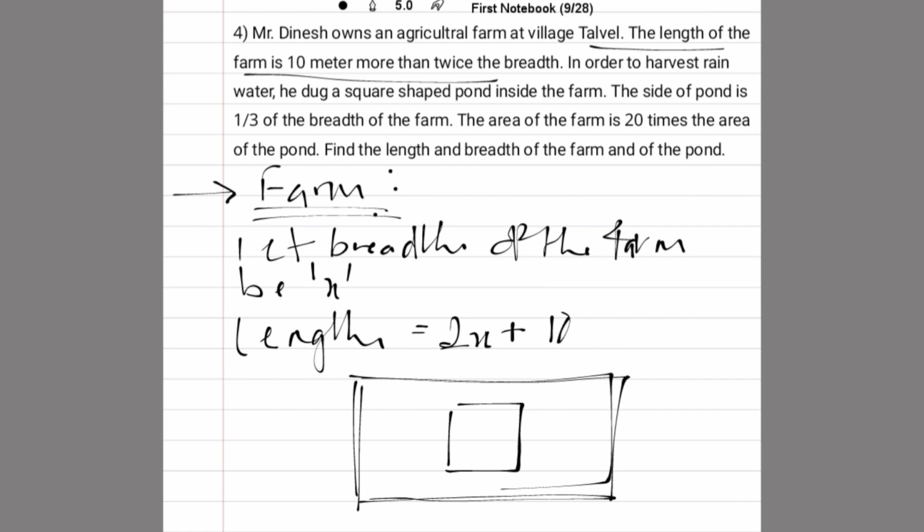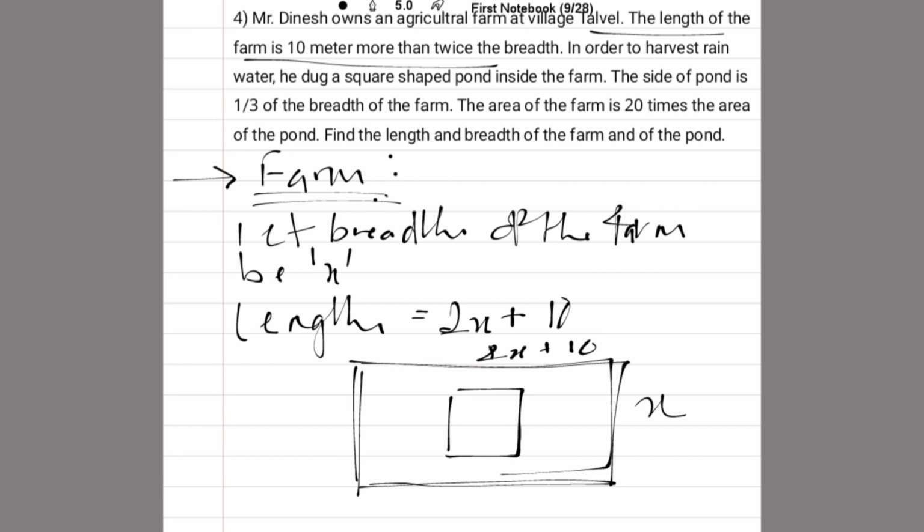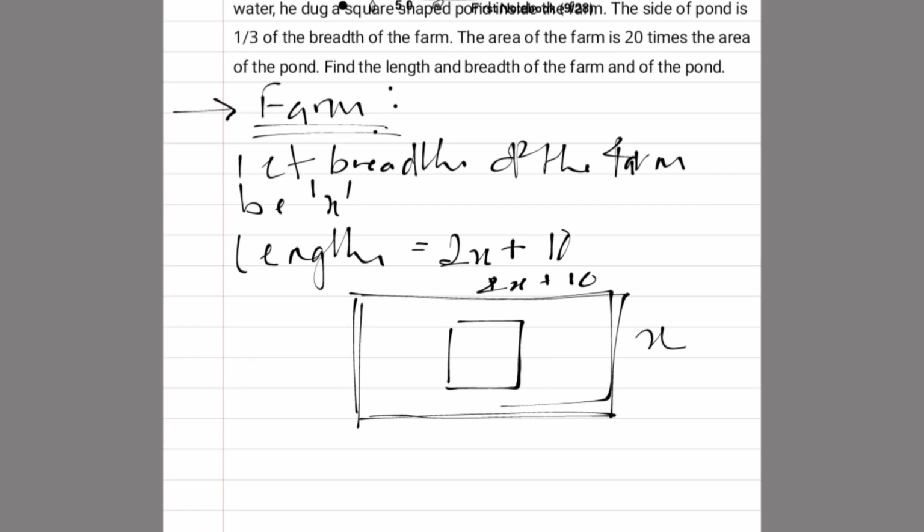This is the length, 2x plus 10, and this is x, the breadth. The side of the pond is 1 by 3 of the breadth, so this side is 1 by 3x, right?